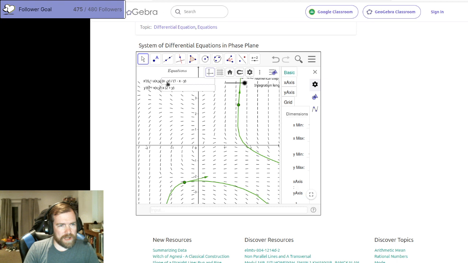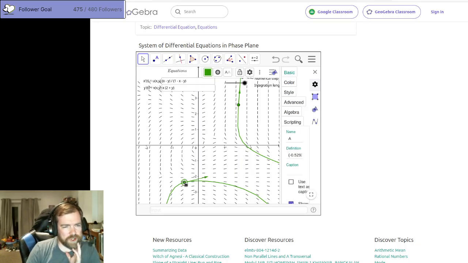Here we have x prime equal to x minus y divided by 1 minus x minus y, and y prime is equal to x times 2 plus y. So we've got this field here, and we could check all sorts of different initial conditions and see what these look like if we move these around a bit, and what kinds of behaviors we have. You can tell that this is a very complicated sort of system.